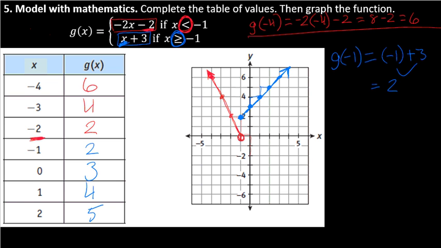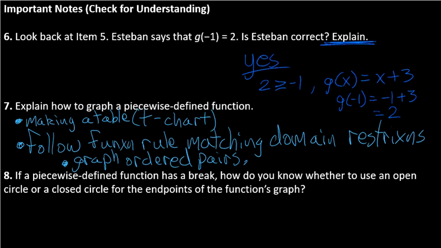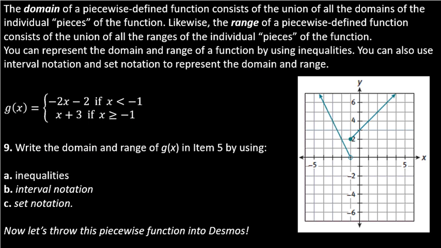That means it's open. Now, here in blue, our blue restriction, x is greater than or equal to. That means we include negative 1, so that means it's closed. Okay, so that would be how we answer number 8.